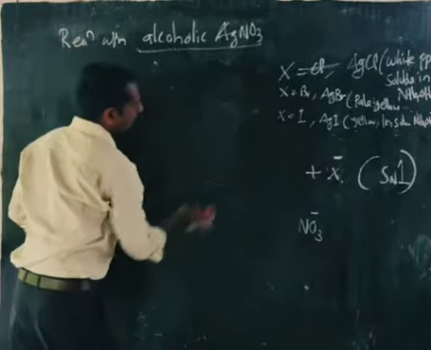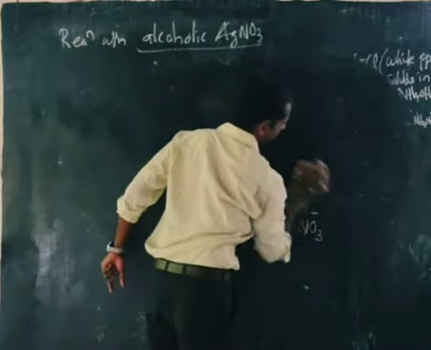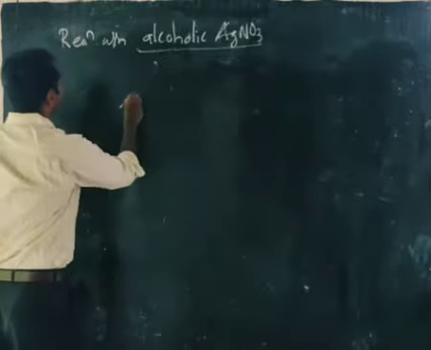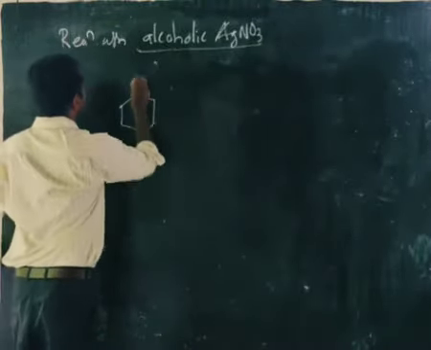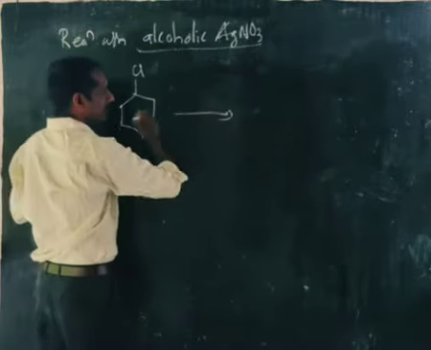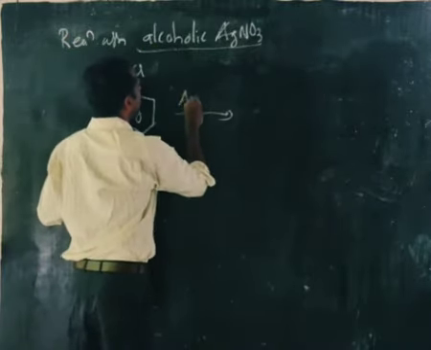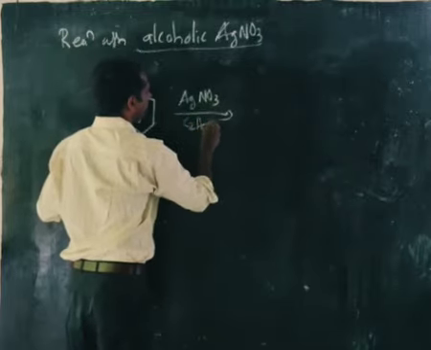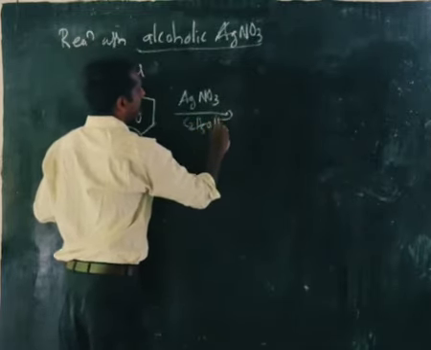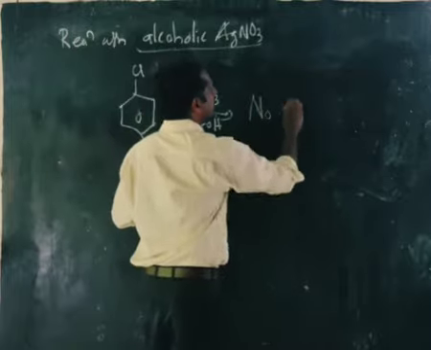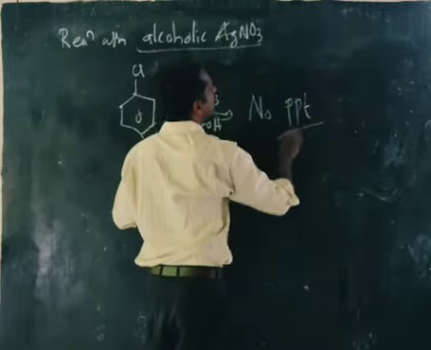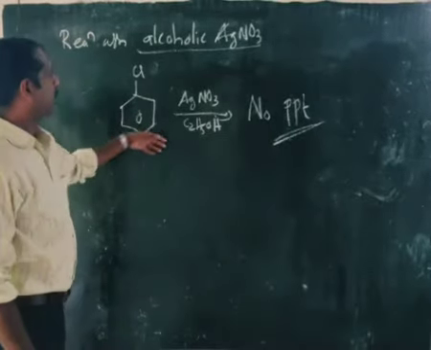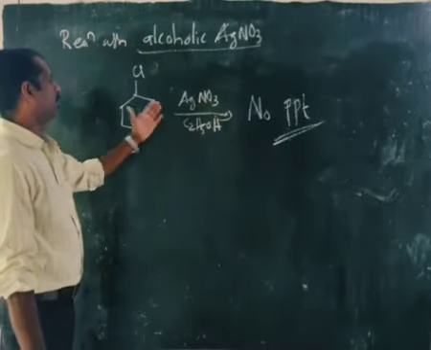Now, instead of the side chain substituted halogen, if you take the halogen atom in the nucleus, that means chlorobenzene, with the same reaction condition, AgNO3 in presence of ethanol, there is no precipitate. That means no reaction, so it cannot undergo this type of reaction.